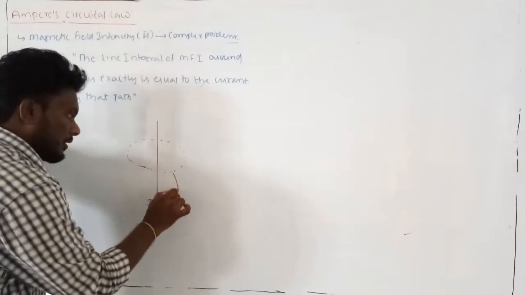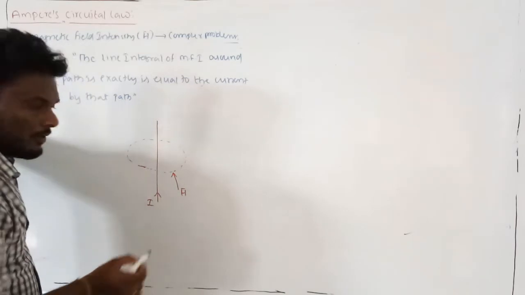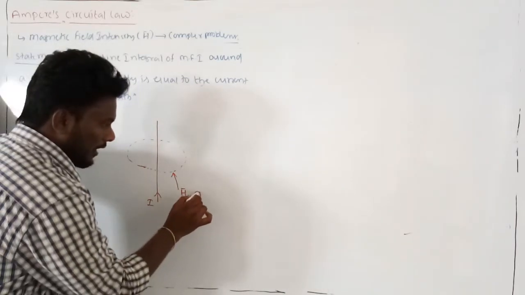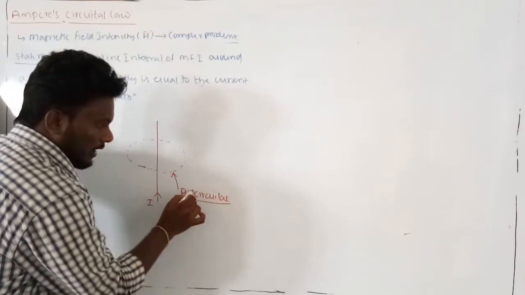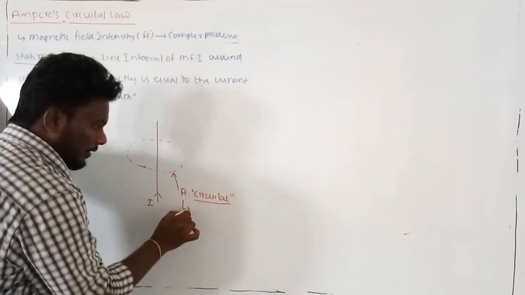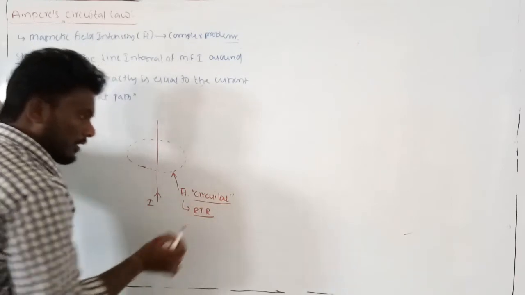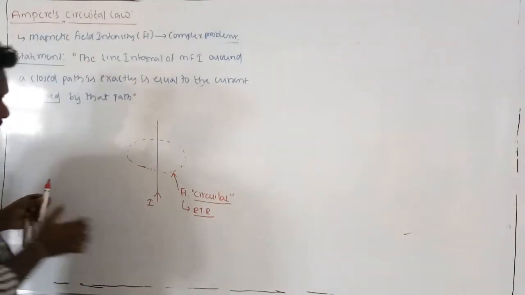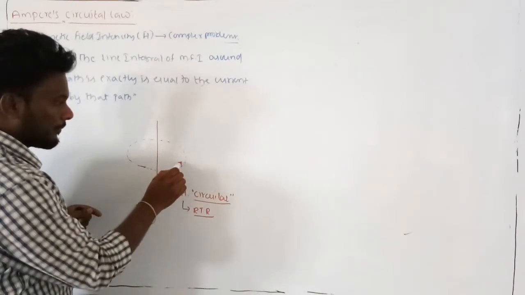That means the direction of the magnetic field will be circular here, and it is determined with the help of the right hand thumb rule. According to the right hand thumb rule, whenever the thumb shows the direction of current, the curled fingers show the direction of the field.